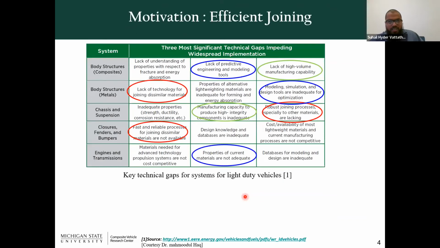Now, here are some of the technical gaps given by the US Department of Energy.